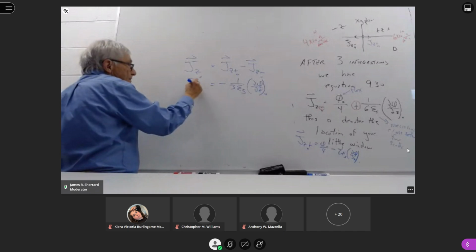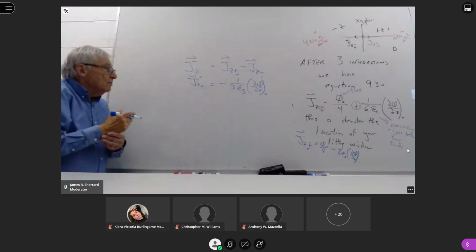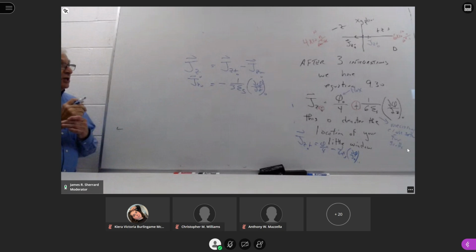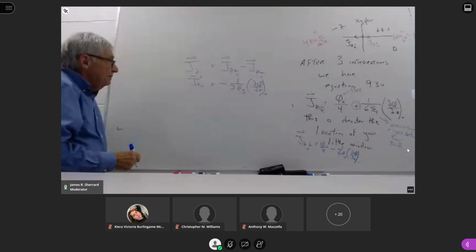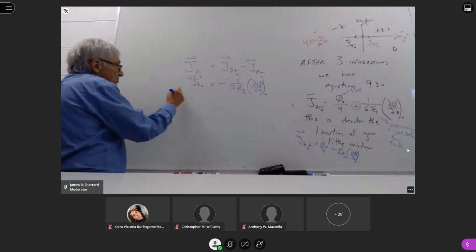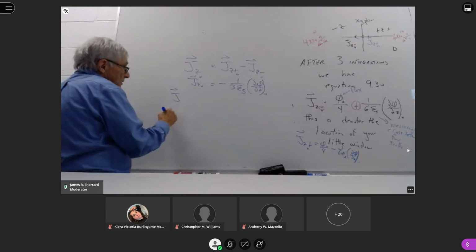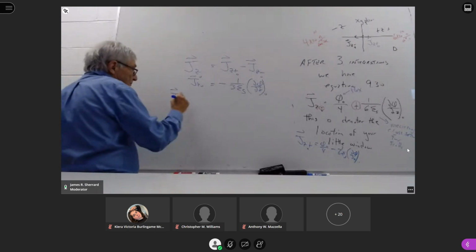This is the total neutron current density going through my little window. If you did that in each direction, so that you had an X and a Y, this is going to be the total value.